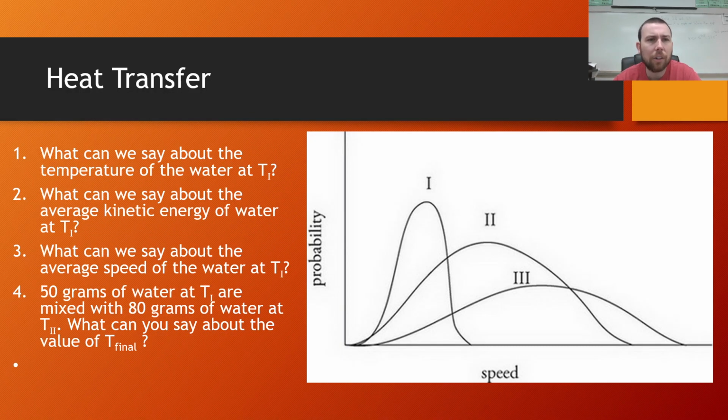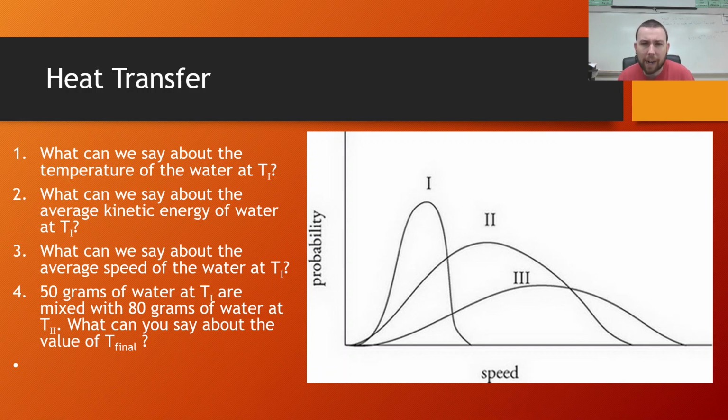All right. And our last thing, just to put this into perspective, you've got the speed of the particles and the probability that the particles can undergo some change. So we've got water at temperature 1, temperature 2, and temperature 3. The first question is, what can we say about the temperature of the water at temperature 1?